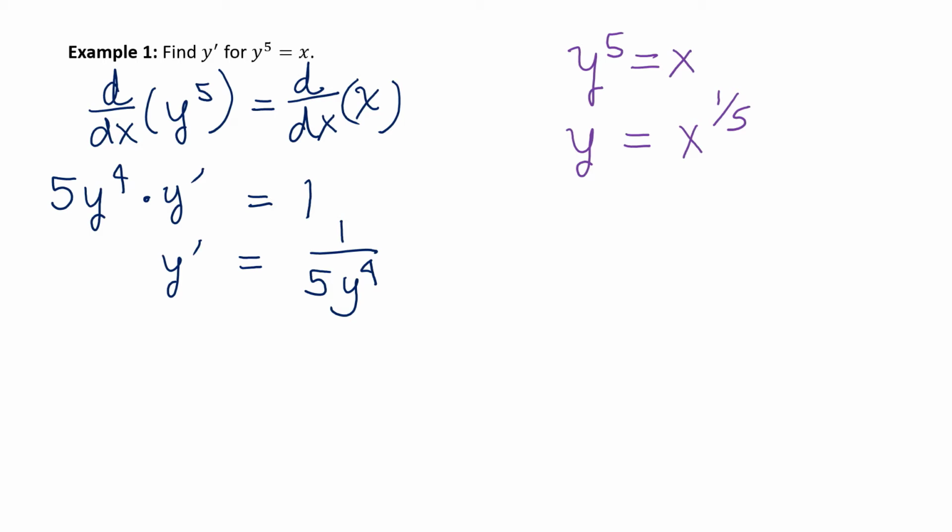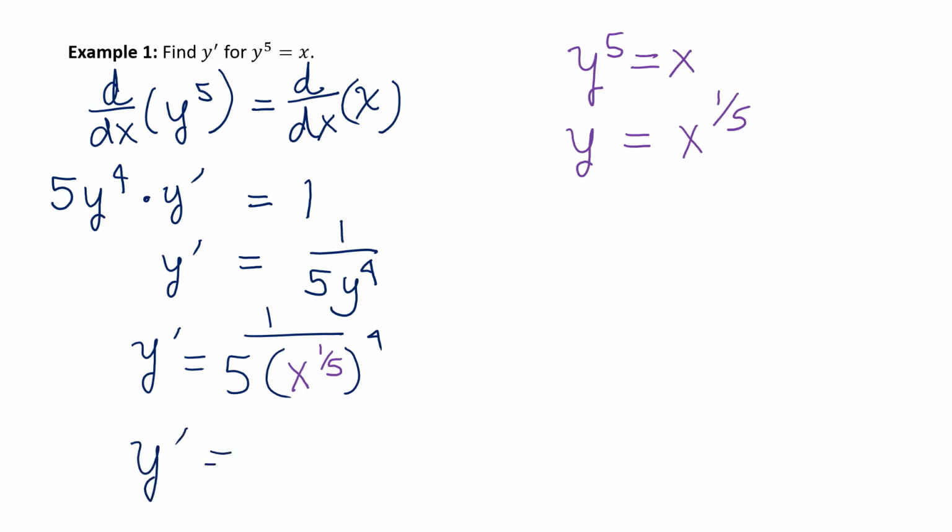So we could have y prime is equal to 1/5 y to the 4th, and where the y is, put in x to the 1/5. Simplify those exponents. Y prime is equal to 1/5 times the fifth root of x to the 4th.